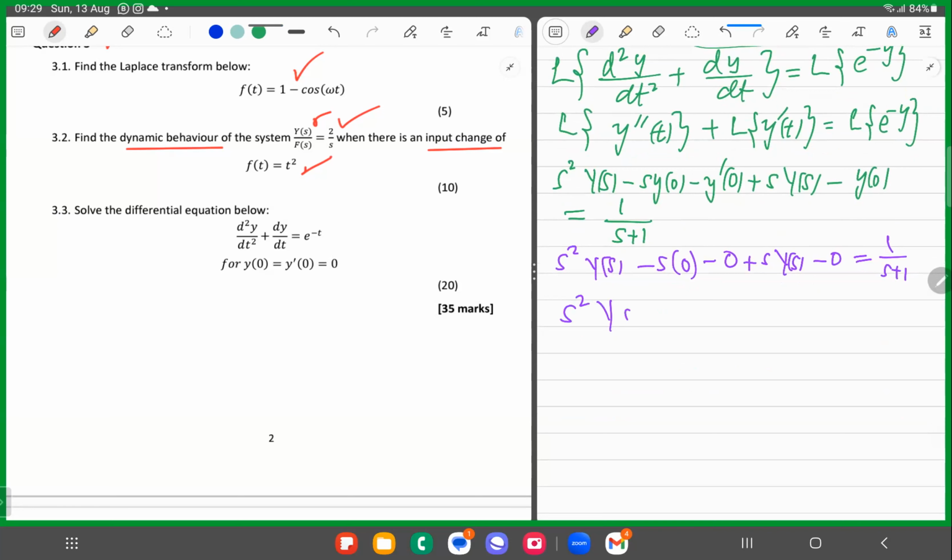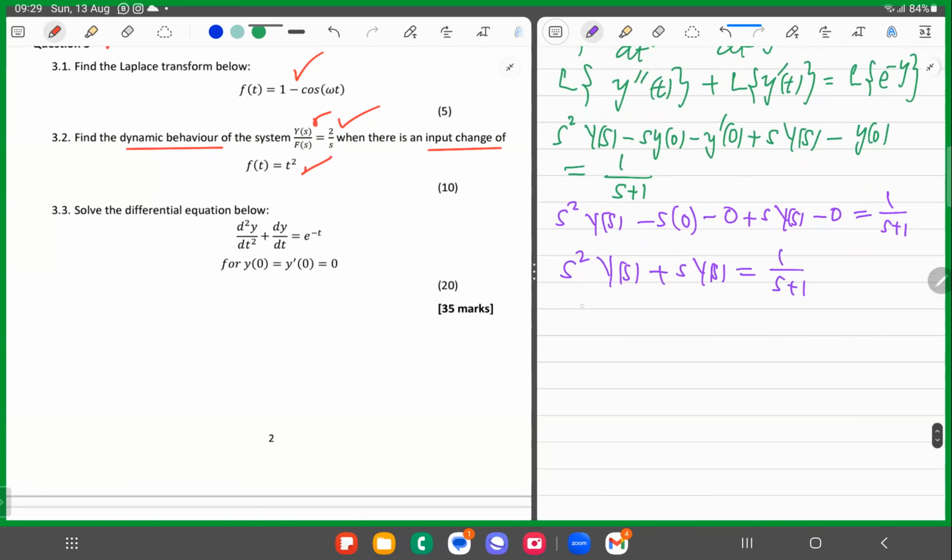So s squared y of s plus s y of s is equal to 1 over s plus 1. So we pull out y of s, which is s squared plus s, equals 1 over s plus 1.